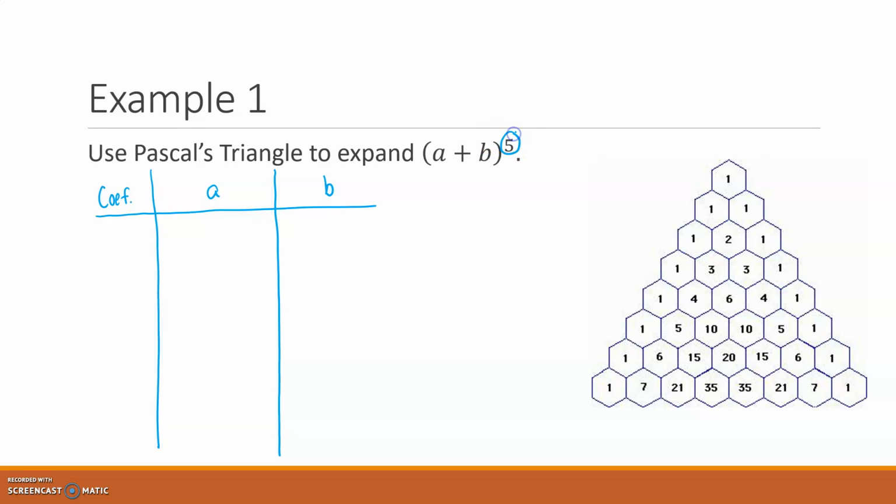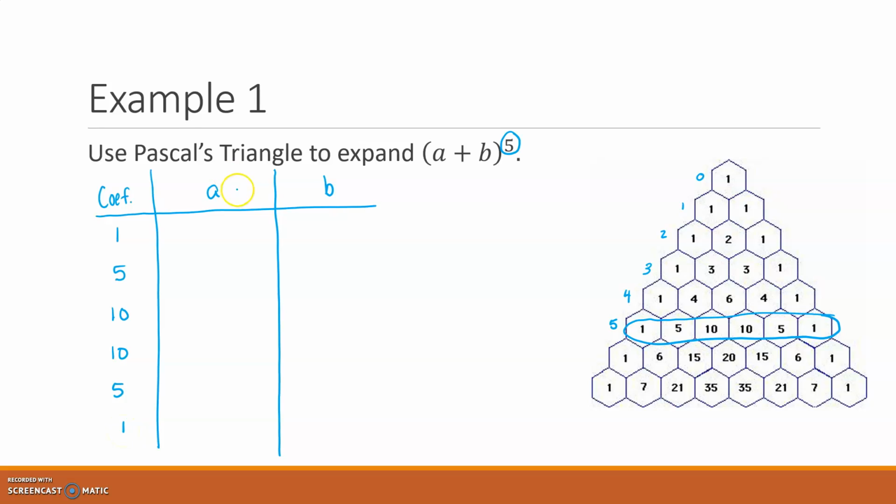Now, my exponent is 5, so counting from 0, I've got 0, 1, 2, 3, 4, and 5. So I'm going to look at this row right here, and these are going to be my coefficients, and I'm going to put them in order left to right. So I get 1, 5, 10, 10, 5, 1.